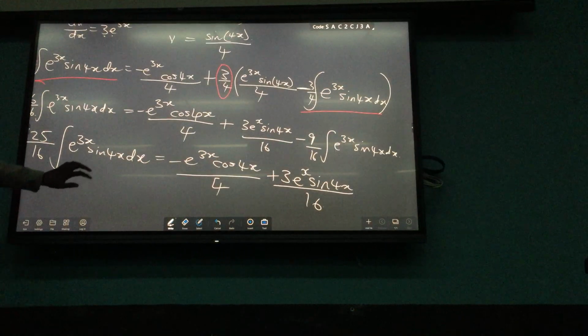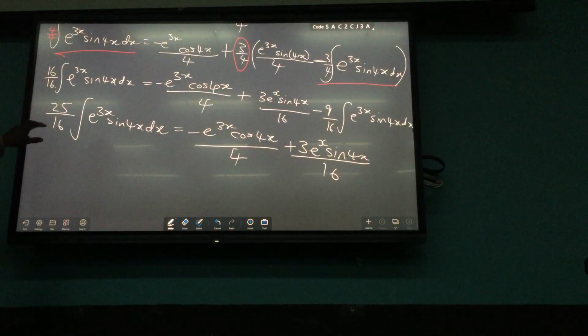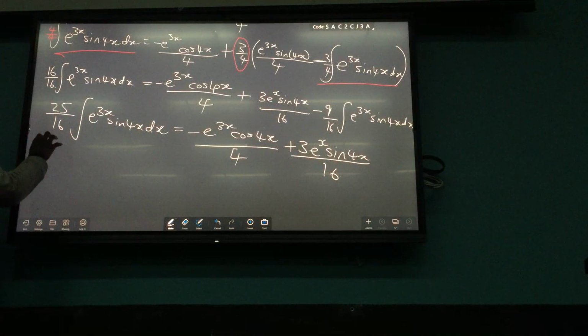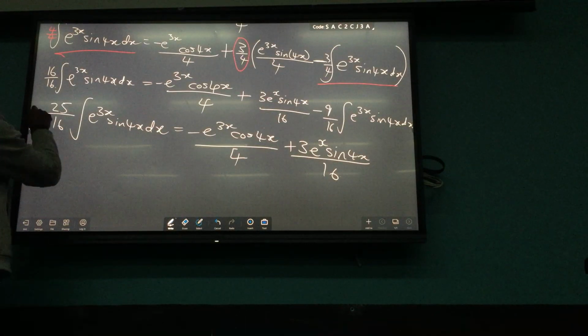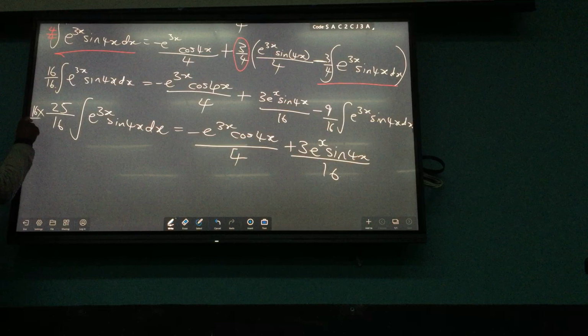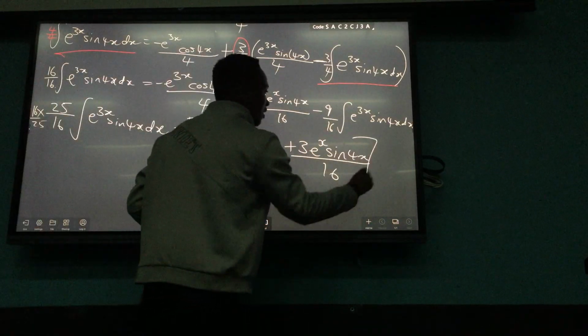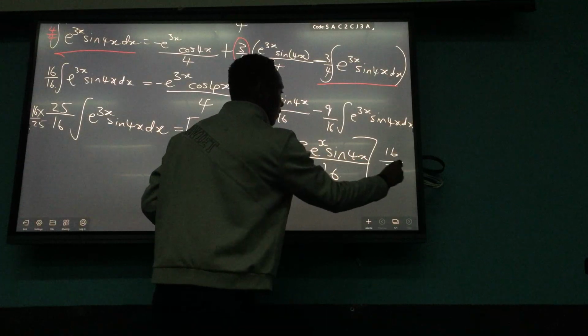So we now have something like this, but we were asked for one integral, not 25 over 16 integrals. So that means we have to multiply both sides by 16 over 25. We multiply this side as well by 16 over 25.